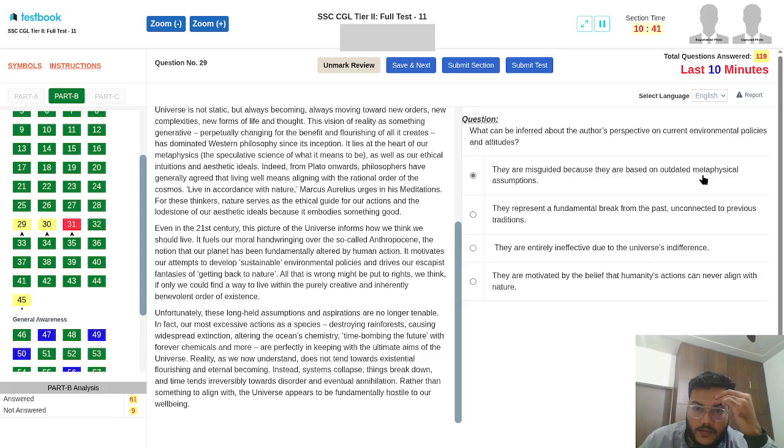Universe reality does not tend to instead hostile to our well-being, rather than something to align with the image appears to be. They are entirely ineffective due to the universe's indifference.